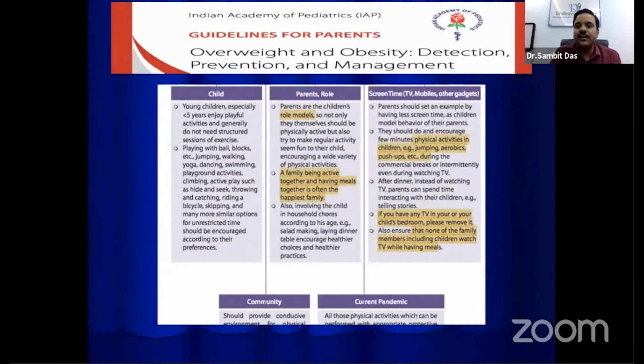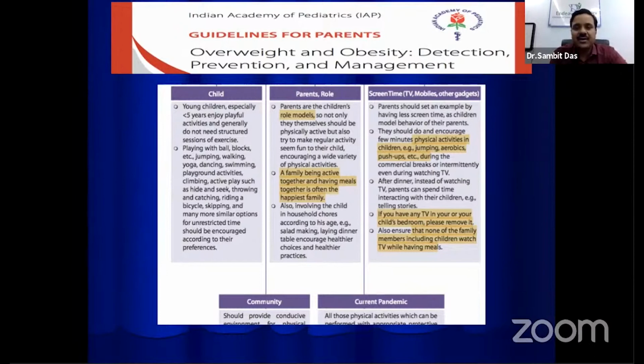The 2021 IAP guidelines go a little further, and they've again given some nice tips that parents are the children's role models. So they should practice first getting good weight and good food habits. A family being active together and having meals together is often the happiest family, and that should be inculcated in the daily activities.